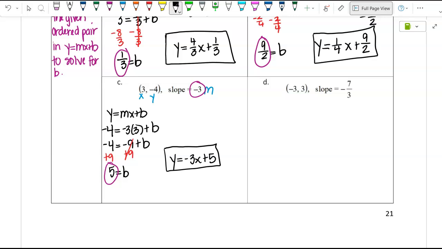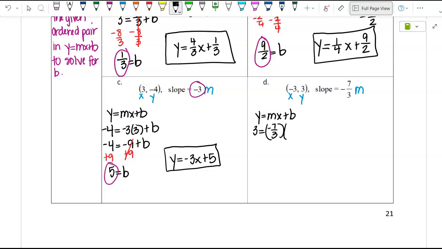All right, problem D, they give me the point -3, 3. So there's my x, there's my y, and then they give me a slope of -7/3. So again, I'm going to use my slope-intercept form to solve for that y-intercept.